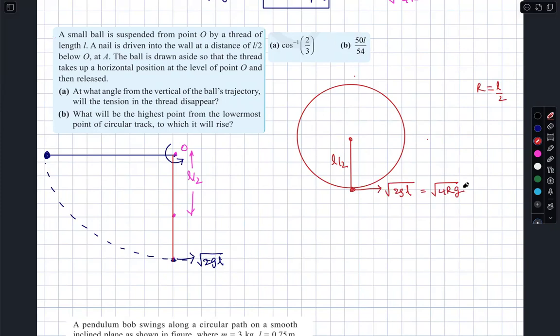Now the problem is, it is more than root 2RG and less than root 5RG. The condition we require is between root 2RG and root 5RG. It is more than root 2RG, so it crosses the horizontal position. But somewhere here tension becomes 0.